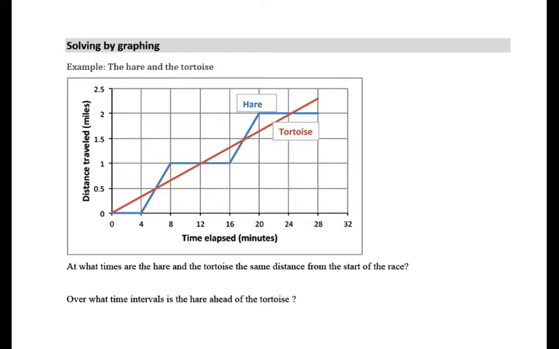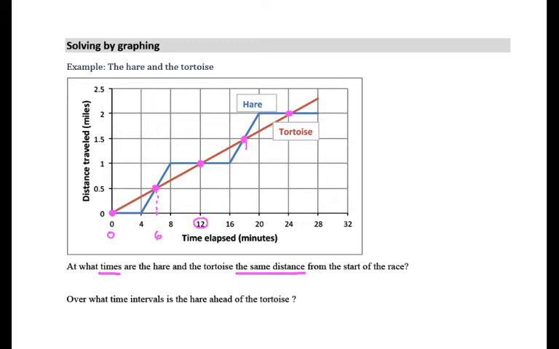So the first question asks, at what times are the hare and the tortoise the same distance from the start of the race? So let's go ahead and find those times. It looks like every time the graphs cross each other, the two are the same distance from the start of the race. And we are going to estimate these. It looks like 0. Right here we have about 6, and then 12.